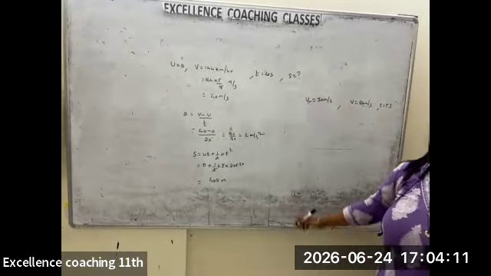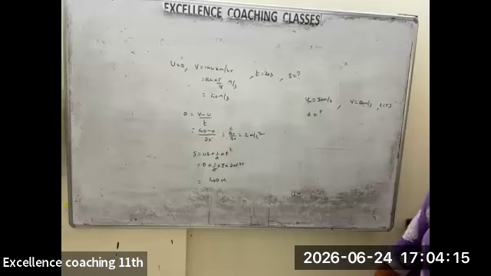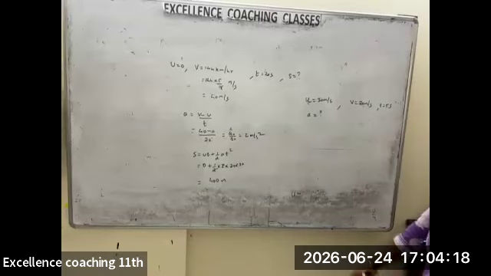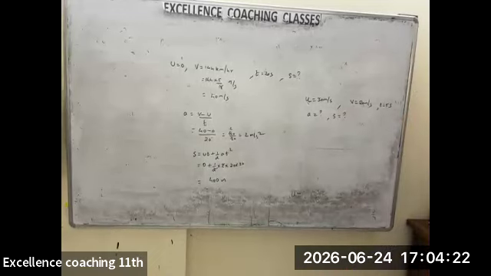What do you mean by retardation? What you are finding out? Acceleration. Acceleration meaning that value. And also calculate the distance traveled. U, V and T are given. A is ours, S is ours.